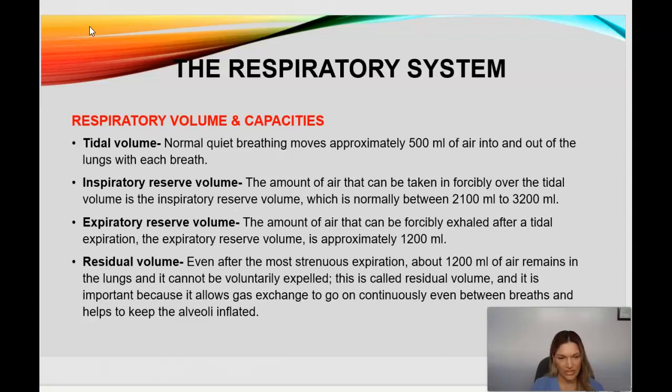And then we have the residual volume. So there's always about 1,200 mLs of air that remain in the lungs and that cannot be voluntarily expelled. So this is called residual volume. And it's important because it allows gas exchange to go on continuously, even between breaths, and helps to keep the alveoli inflated.